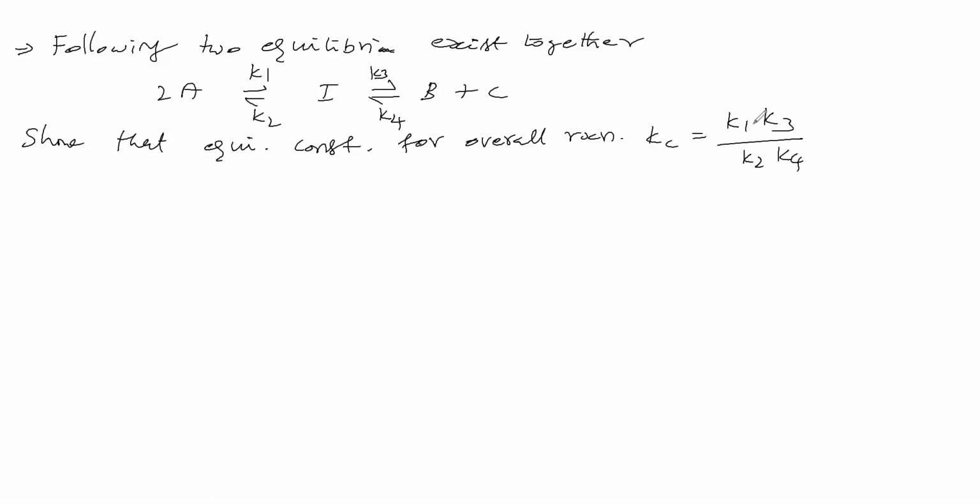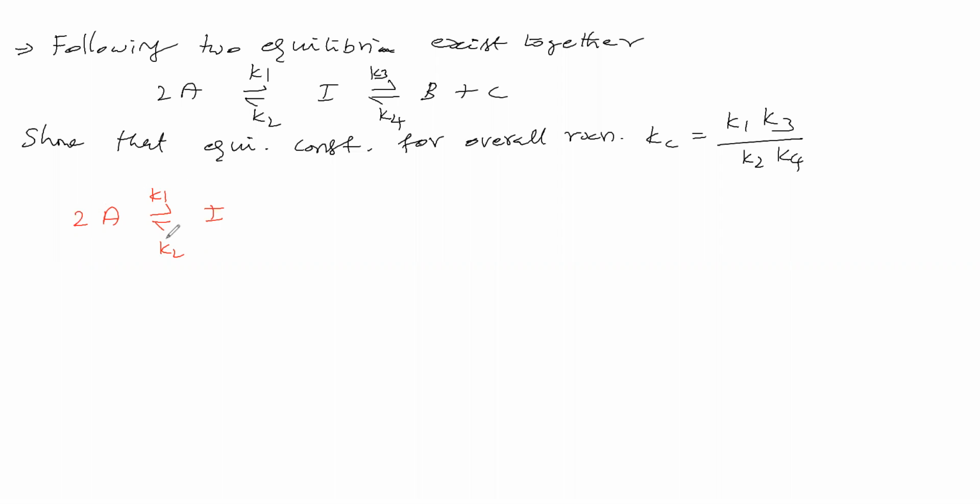Now we will see this one. First we will take 2A gives I, with K1 and K2. K1 may be the rate constant for forward and K2 the rate constant for backward.